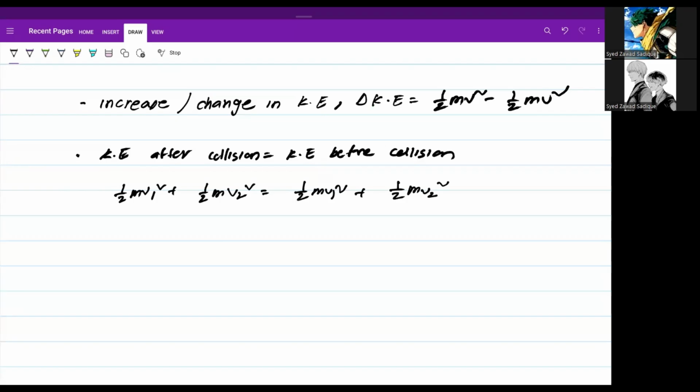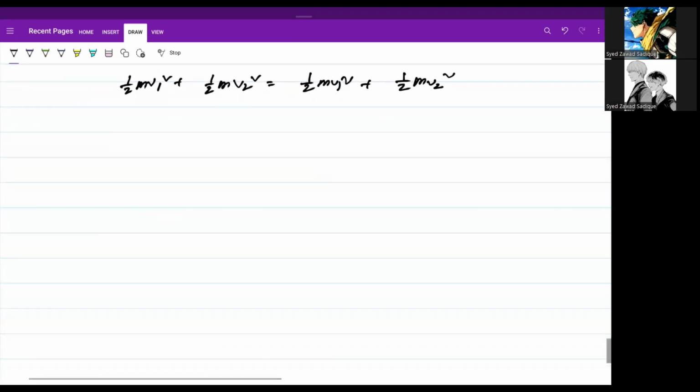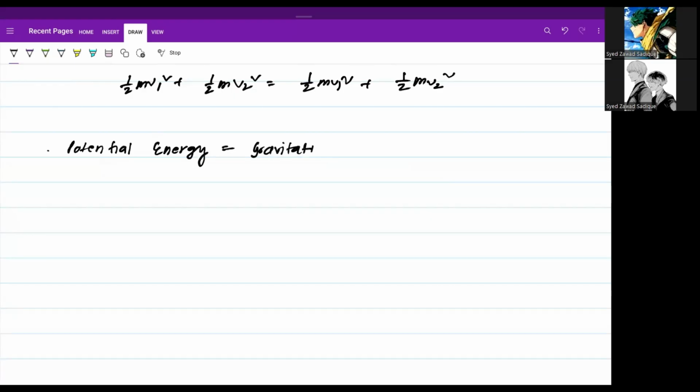Now, there's one more thing. Potential energy is equal to gravitational potential energy, which is equal to mgh.